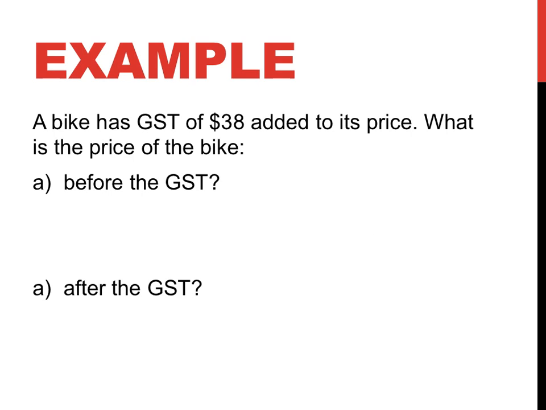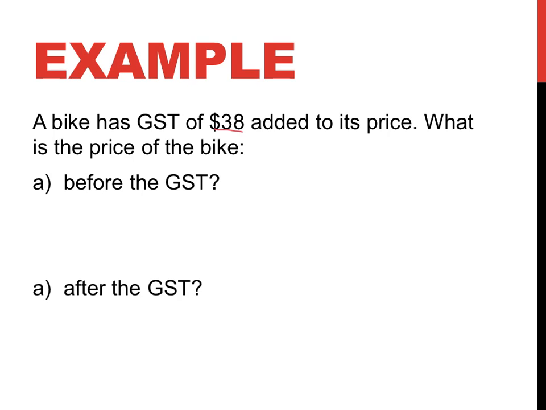Okay, let's look at it the reverse way. The bike had a GST of $38. It wasn't worth $38 after GST, but that's how much GST it had on it, $38. What was the price of the bike before GST?